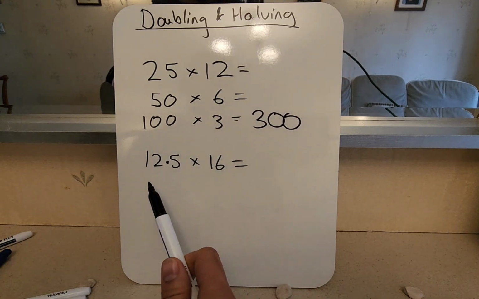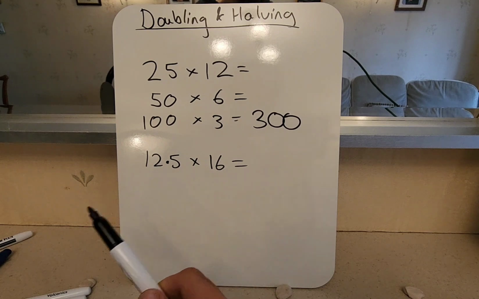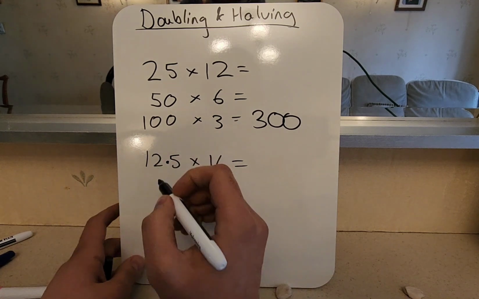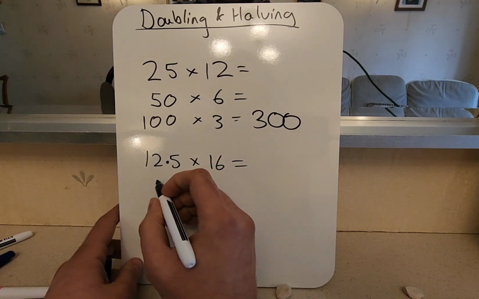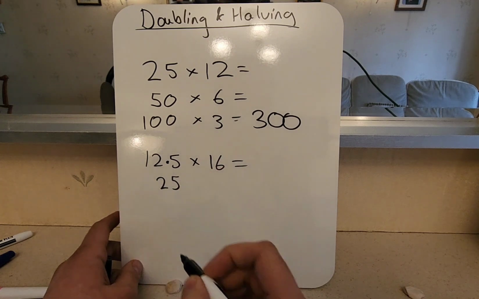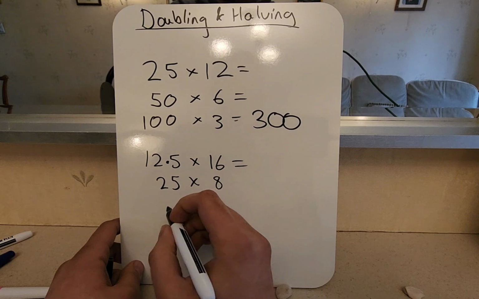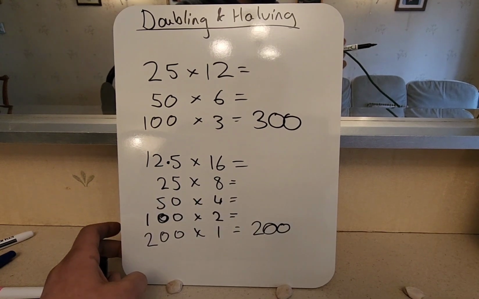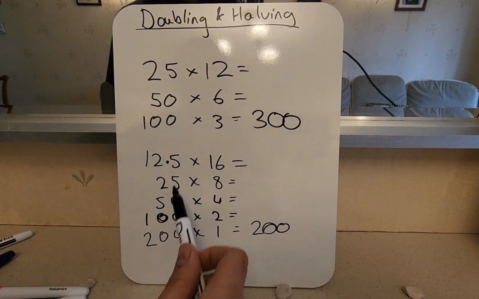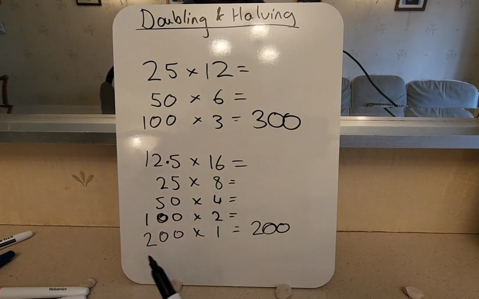Here we have 12.5 times 16. So I'm going to keep going with this one a little bit. Double 12.5, we get 25 times half of 16, 8. Let's keep going. If I just keep doubling and halving, I can get right down to my answer, 200.